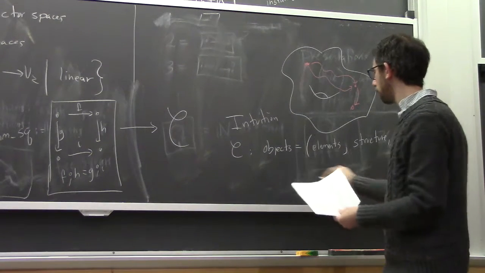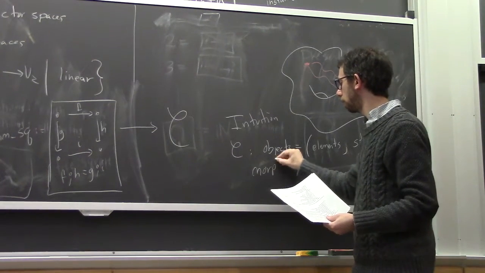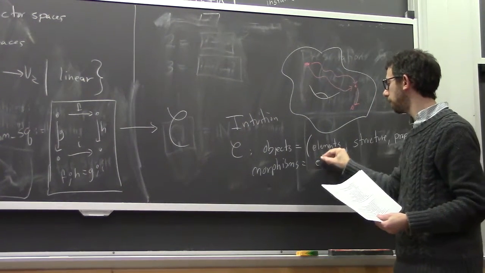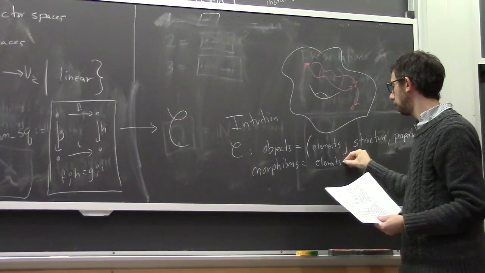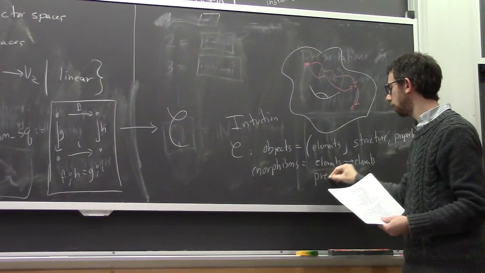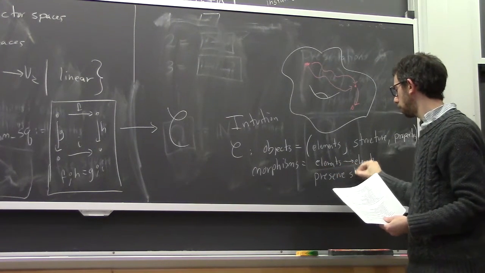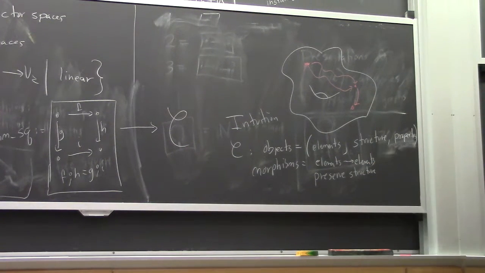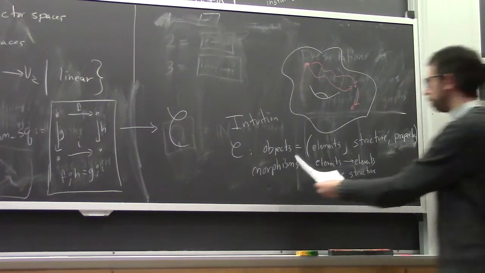So these are the objects, and the morphisms of the category send elements to elements, and they preserve structure. So this is all very loosey-goosey, I'm just drawing some weird things on the board and saying stuff, but just imagine, what are the morphisms of vector spaces?